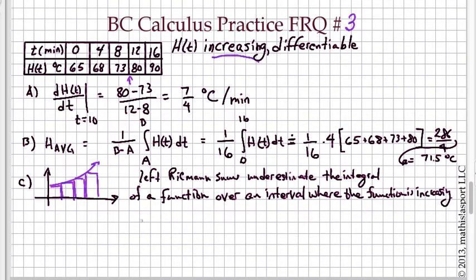And since our average simply takes that estimate and divides by a width, therefore we know, because the average is just an estimate over 16, we therefore know that our average is an underestimate.